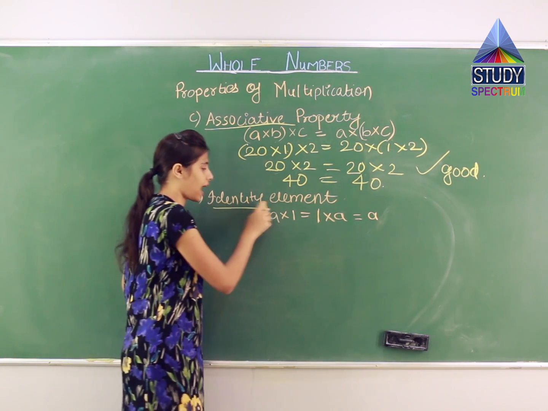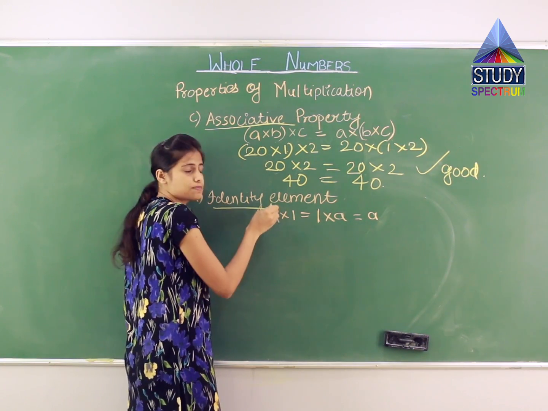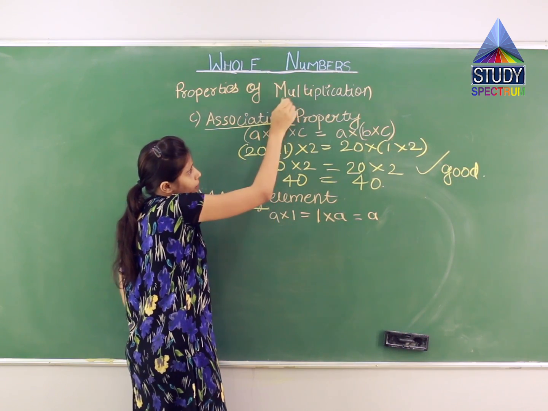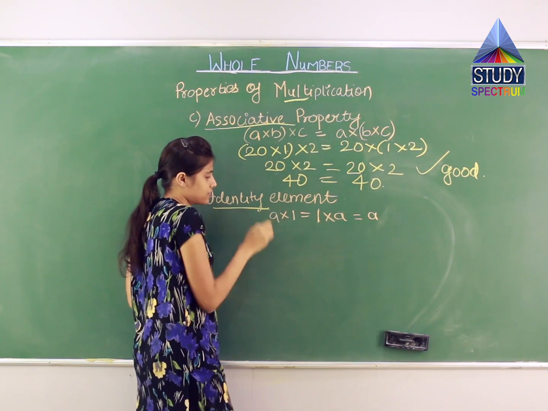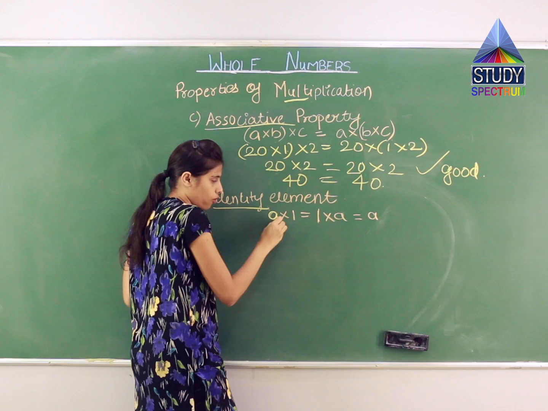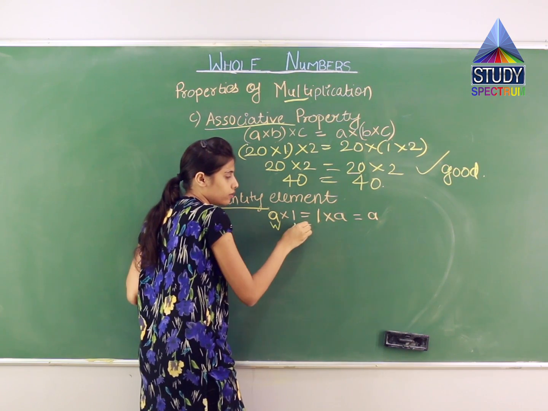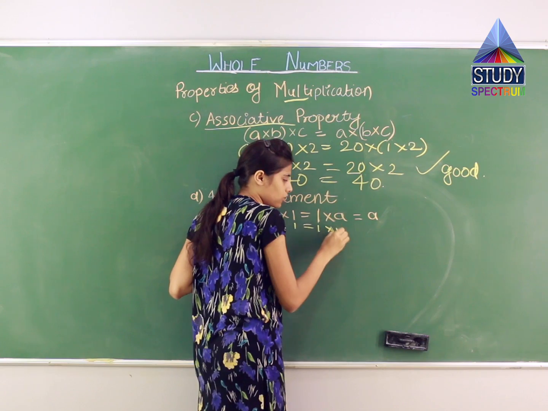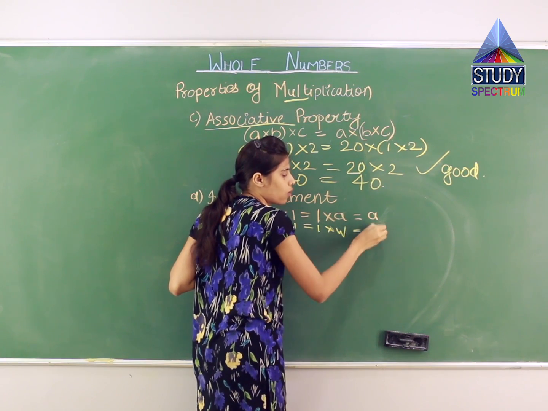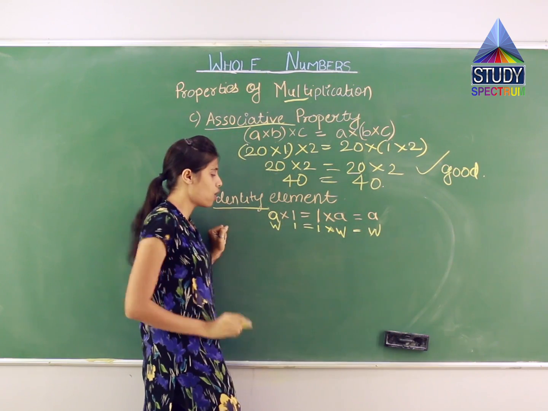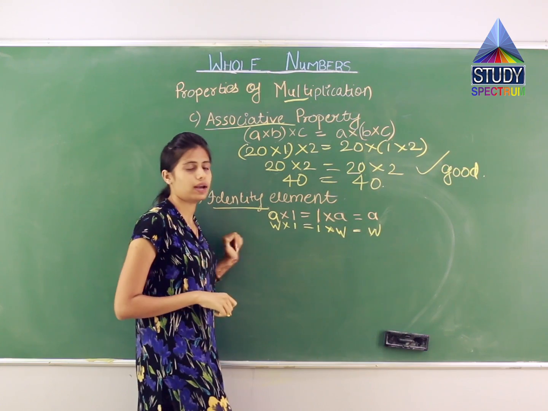Now let us check the identity property, whether it holds good for multiplication or not. A whole number A multiplied by 1 will be equal to 1 multiplied by the whole number, which will be equal to the whole number. So this is the formula given to us. Now let us check.